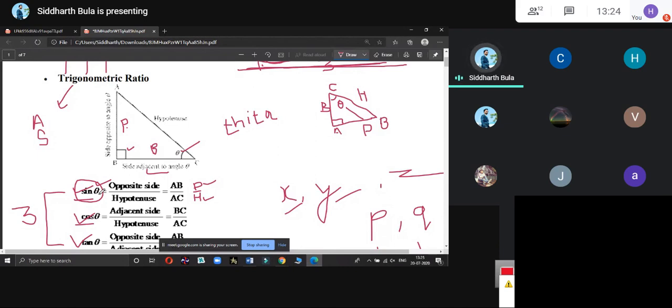In a right angle triangle, the figure is here in front of you, right in front of you. One angle is fixed at 90 degrees. Now what can be the value of theta? Not more than 180. 1 to 89.